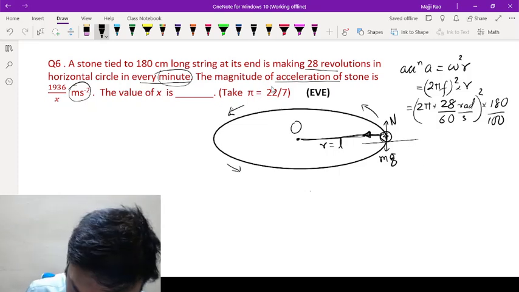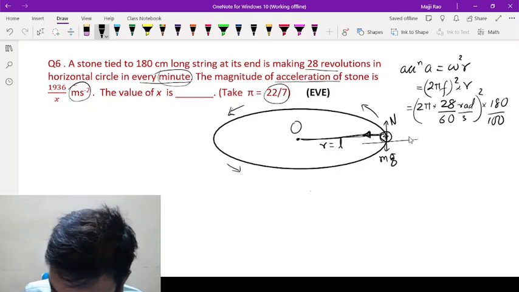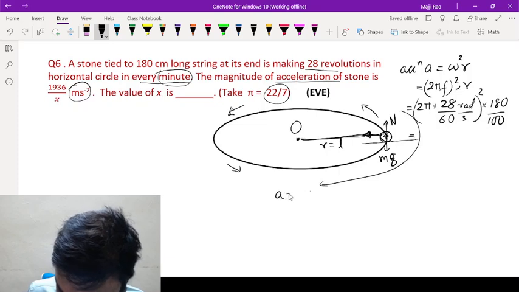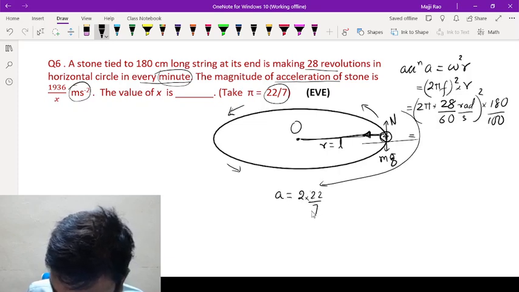So accordingly, I am converting all the things in SI units. We have to take pi as 22 by 7. I'll continue here. Acceleration will be 2 into pi into 28 by 60 whole square, times the radius.